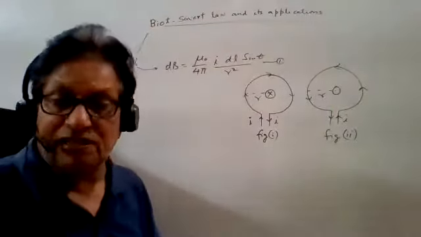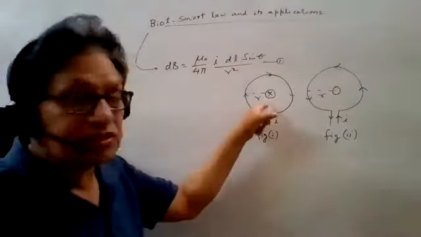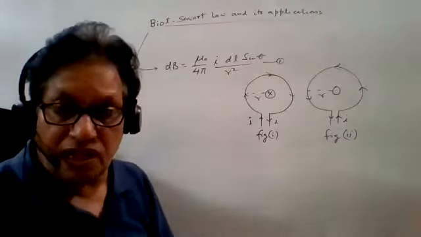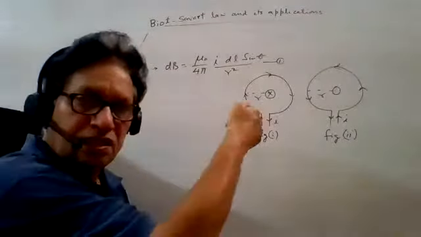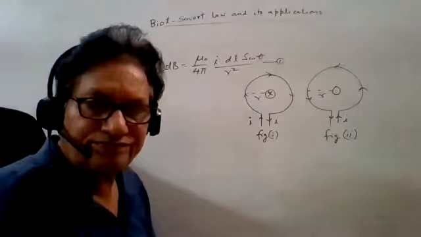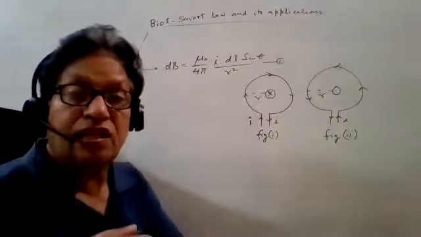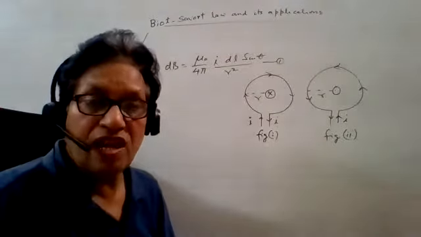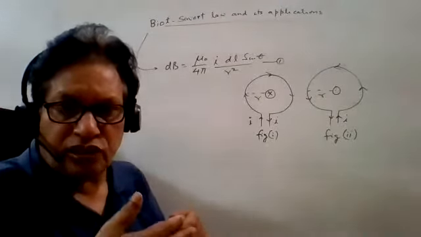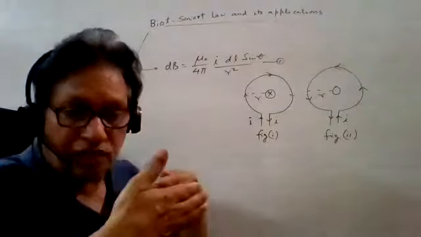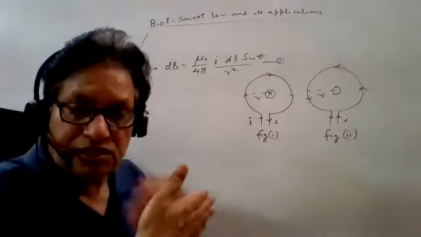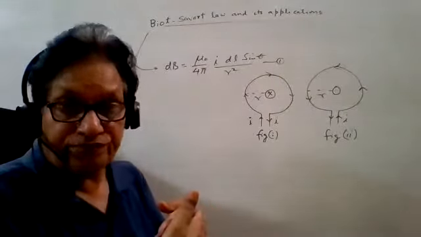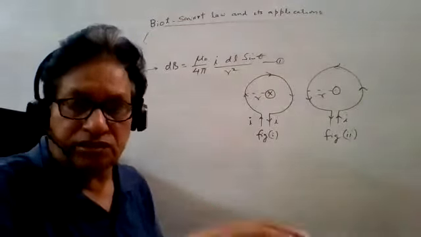What is the difference here? See this, it is the south pole, because the direction of magnetic field is going into the board. In the case of any magnet or coil, the lines of force of magnetic field are from south pole to north pole inside the coil, or inside the solenoid, or inside the magnet, but outside it is north to south.